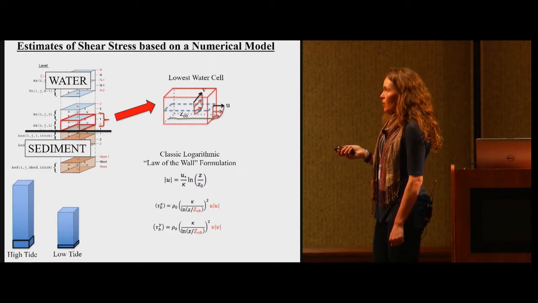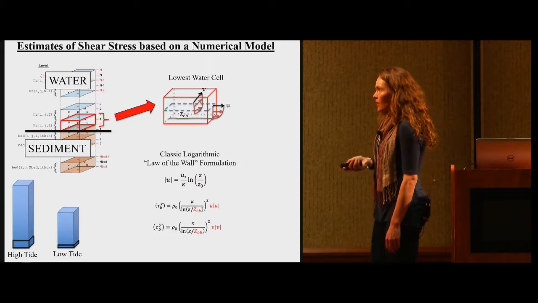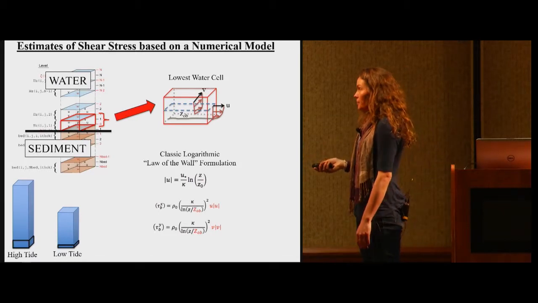So here, the output of the model is tau b in the x direction and tau b in the y direction, with those u's coming from the model and the z naught from something you prescribe.